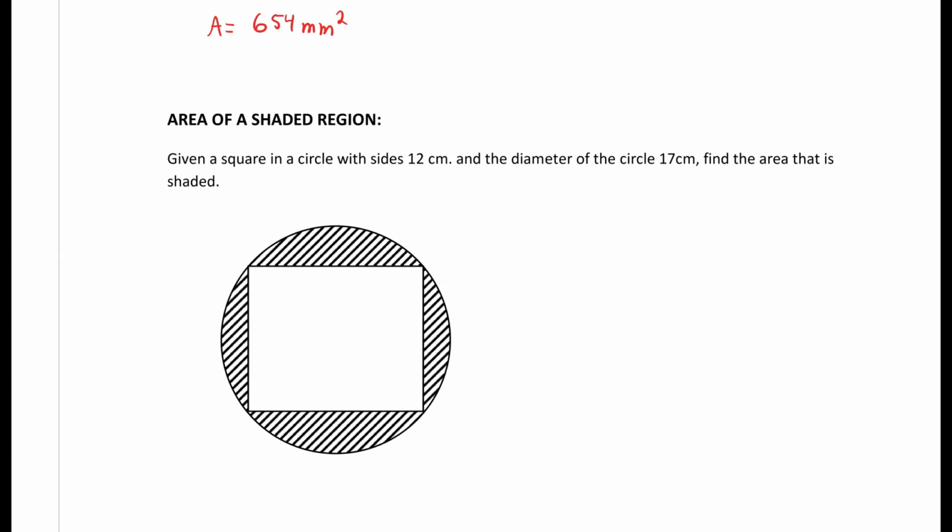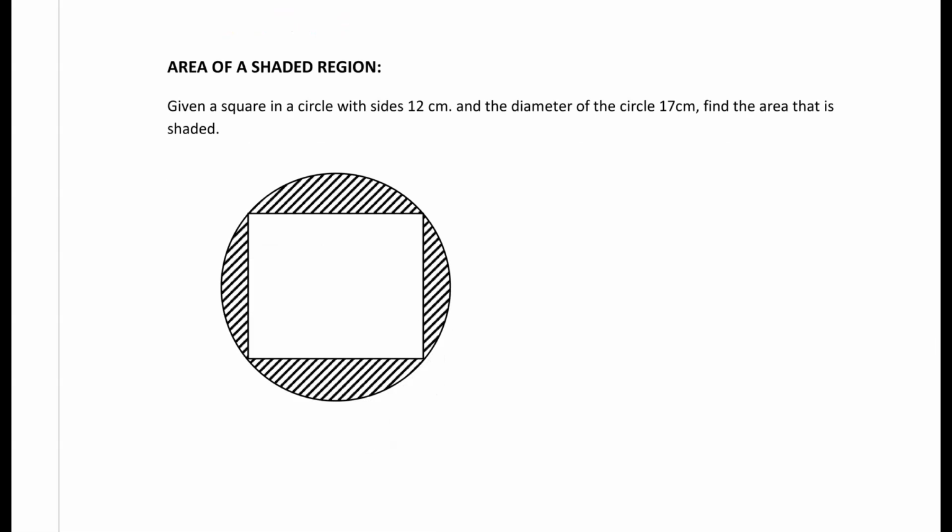For the next question here, it says the area of the shaded region. Now we have two different shapes in here that we're going to have to calculate for. Given a square in a circle with the sides of 12 centimeters, so that means this is 12 centimeters from here to here, and a diameter of a circle, so if we had all the way across the circle, right down the middle, of 17 centimeters, find the area of the shaded region.